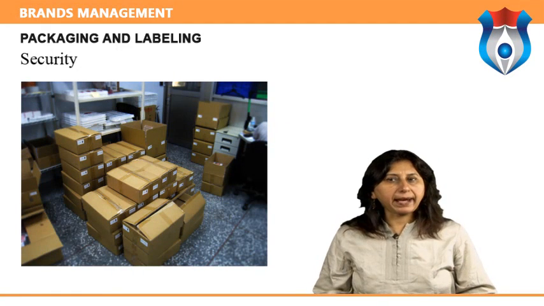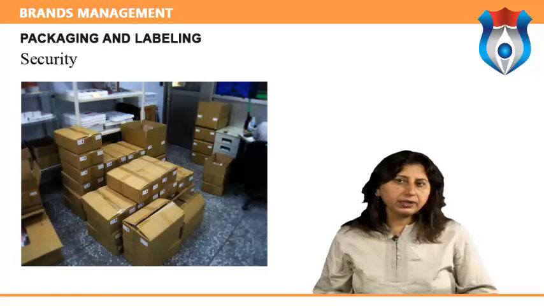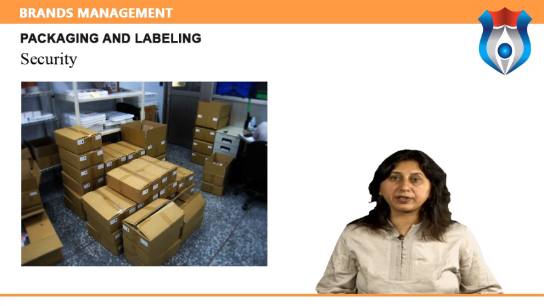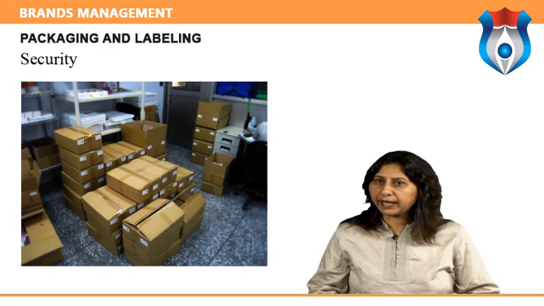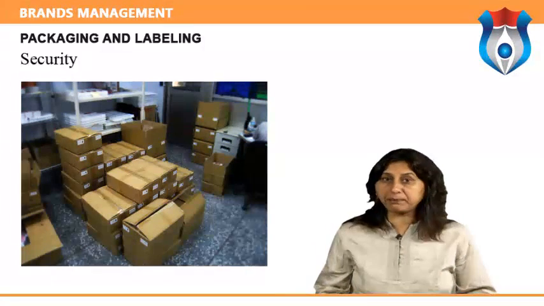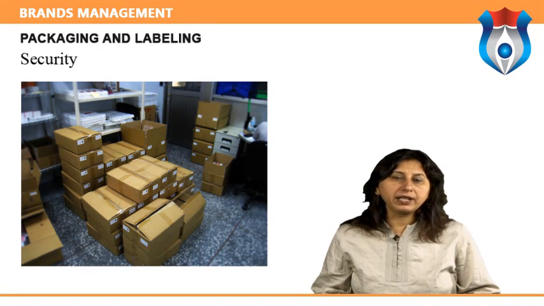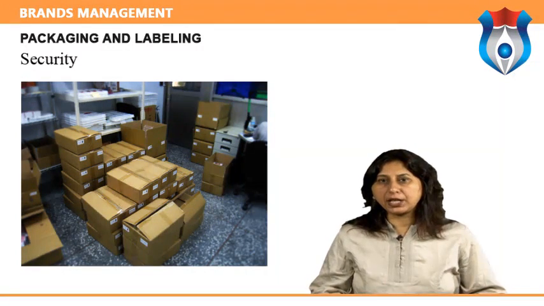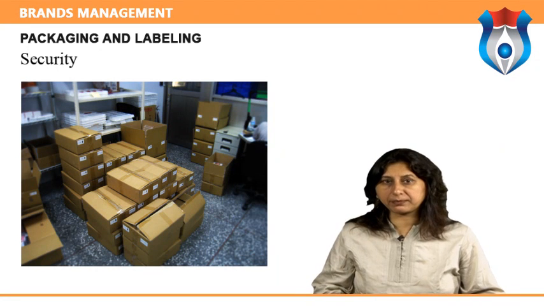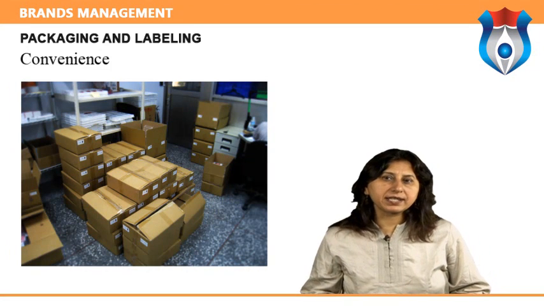Security. Packaging can play an important role in reducing the security risks of shipment. Packages can be made with improved tamper resistance to deter tampering and also can have tamper-evident features to help indicate tampering. Convenience.